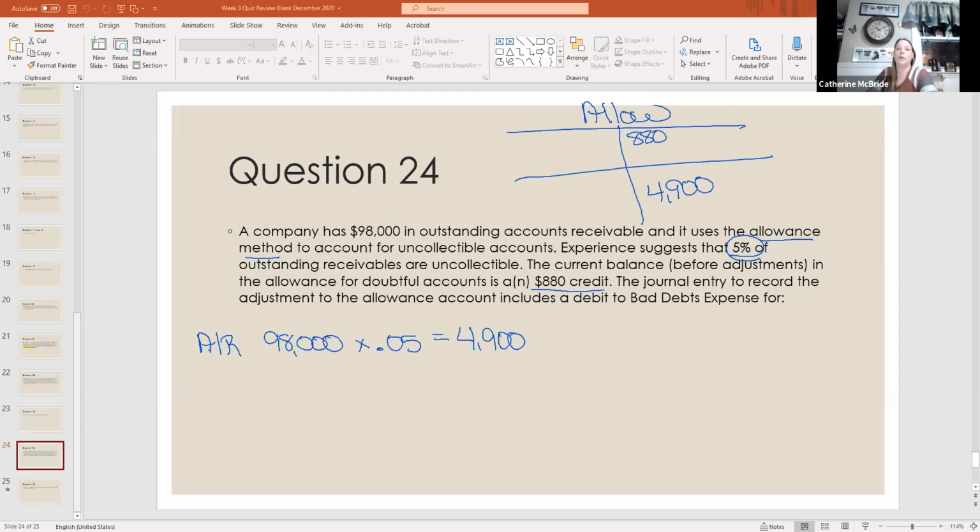So in order to figure out bad debt expense, I have to credit this $4,020 to make my balance 4,900. So my bad debt expense and my allowance will be 4,020.